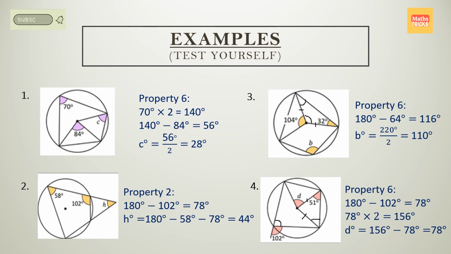We know that this and this are the same, so this triangle will be an isosceles triangle. We can figure out this angle, as this whole is 156, so 156 minus 78 degrees, which is this angle, will give us 78 degrees as D. So this is the answer for D.